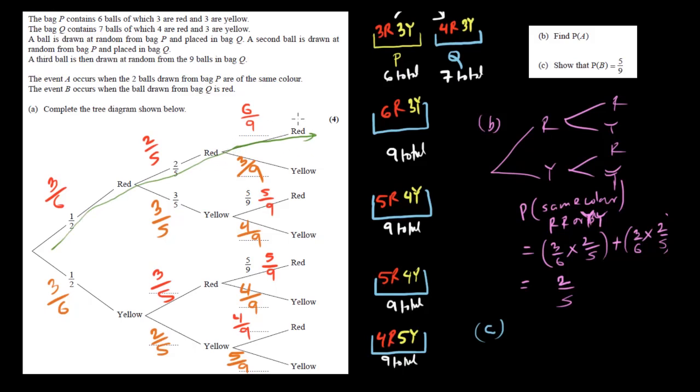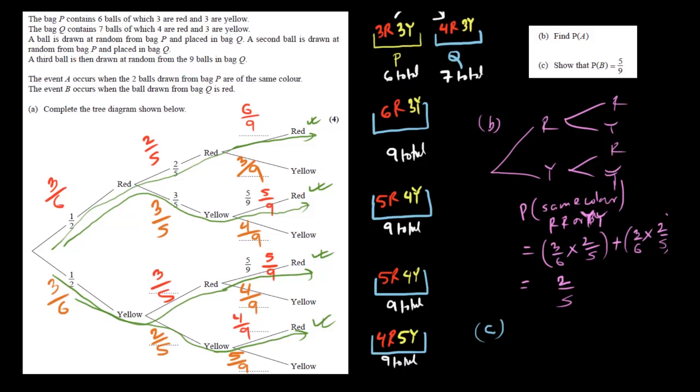This is one. Another permutation is red, yellow, red. Finally, we are getting a red. Another permutation is yellow, red, red. So we are also getting a red. And another permutation is yellow, yellow, red. So there are basically 4 permutations of getting a red from bag Q.